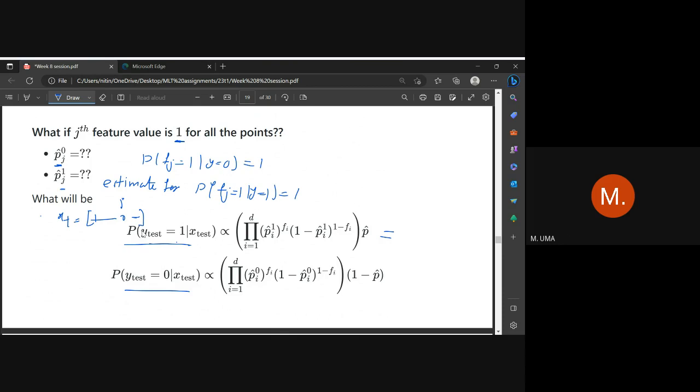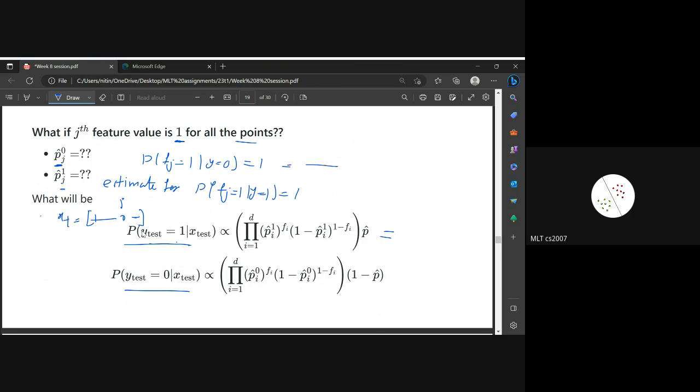Okay, so I'm saying that the jth feature value in the training data set, all the data points take jth feature value as 1. What is this estimate? This is the estimate that the jth feature is taking value 1 given y equal to 0, and for all data points, the jth feature value is always 1. So how do you find the estimate?